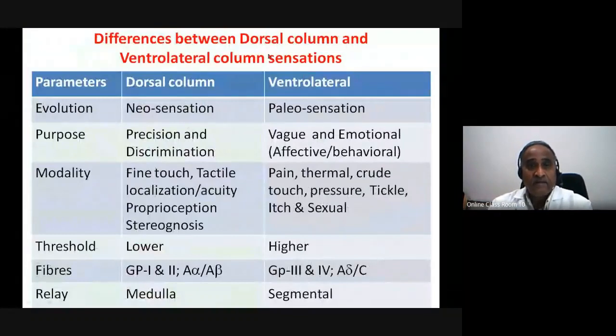Now, I'm just trying to tabulate the differences between the dorsal column sensations and the ventrolateral column sensations. Here I have put the parameters. Evolution-wise, the dorsal column sensations are neo-sensations, and these are paleo-sensations.